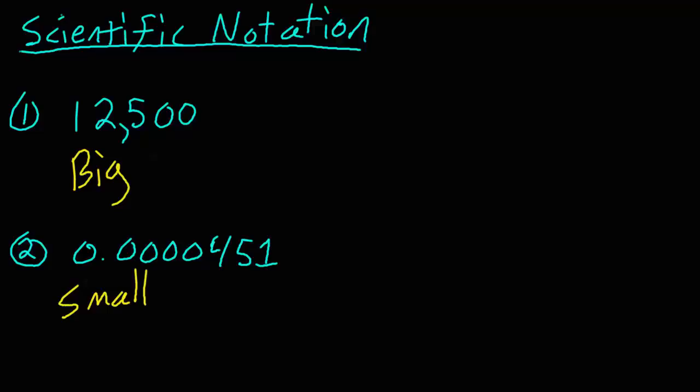So these large and small numbers, it would be kind of cumbersome if we were always referring to them with all of these extra zeros that you see, these 2 zeros at the end of the large number and all these 4 zeros at the beginning of the smaller number. So scientific notation really lets us abbreviate how we write a number so that we don't have to keep writing those zeros down every single time. It's very, very helpful when you have these big or small numbers.